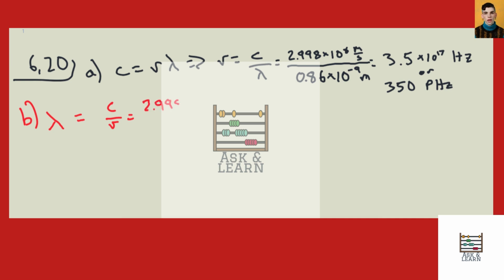And so the speed of light remains unchanged at 2.998 times 10 to the 8th meters per second. Frequency, which we're given, is 6.4 times 10 to the 11th seconds minus 1.